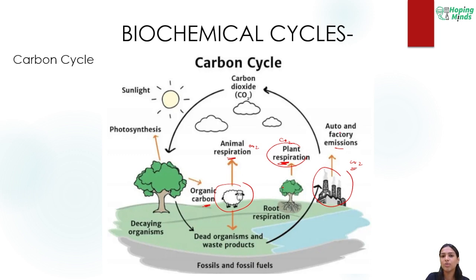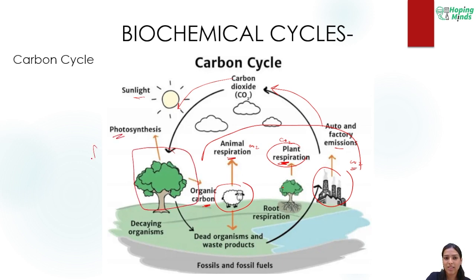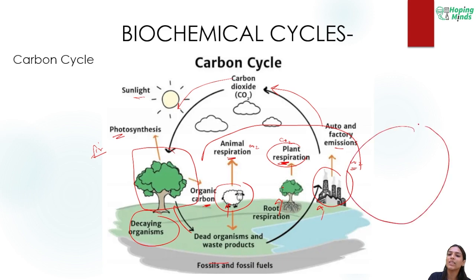All of this CO2 will go into the atmosphere, and there's presence of sunlight, and these good fellows, these trees, will fix this carbon dioxide and release oxygen, which again we will use. So all this will, when decay, form fossil fuels. So this all forms a part of a cycle, as you can see, is called the carbon cycle.